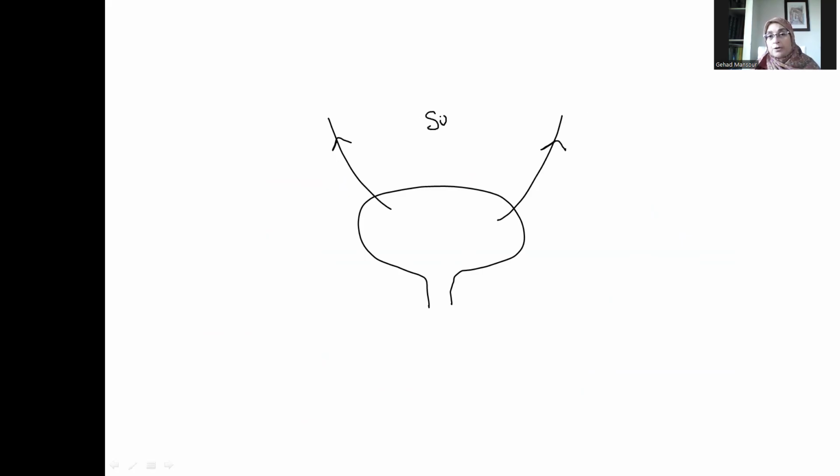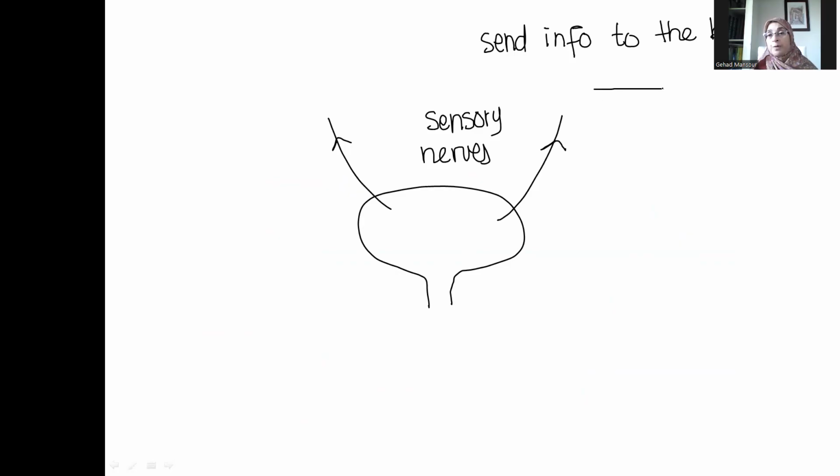The black ones are sensory nerves, and those sensory nerves give information to the brain. They send info to the brain. What kind of info do they send to the brain? Several types of info, several messages, but mainly about the fullness of the bladder, about how full the bladder is.